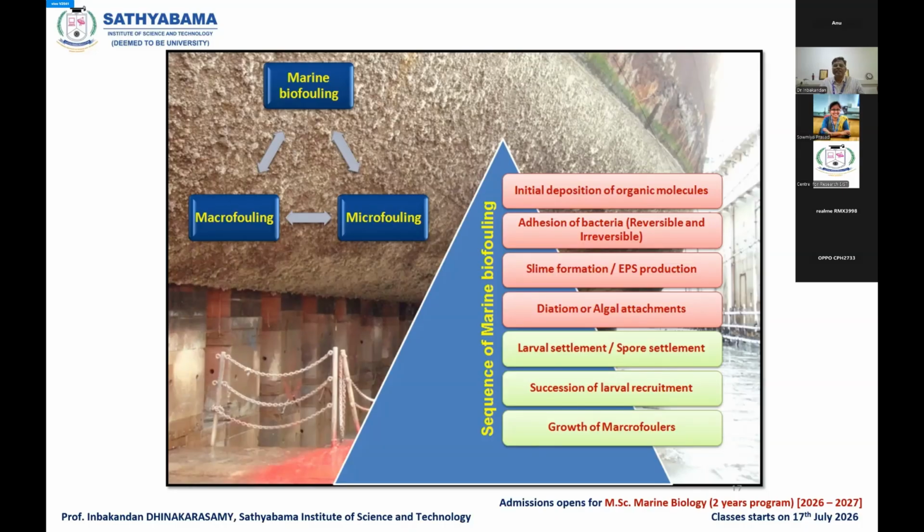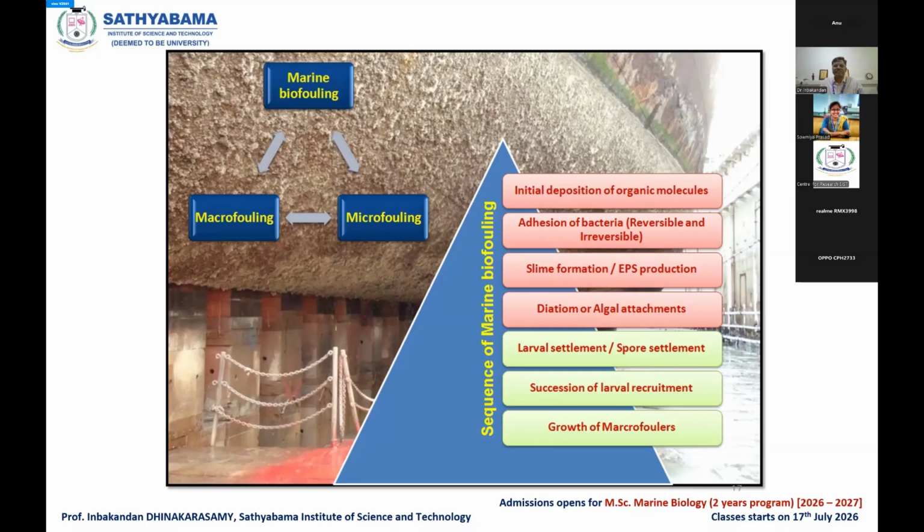So the entire biofilm will be very sticky, and that will attract the diatom and algae. So the marine biofilm will be enriched with diatom and algae at the later stage. So the biofilm is very thick with organic molecules, bacteria, EPS, especially polysaccharides, as well as diatom and algae.